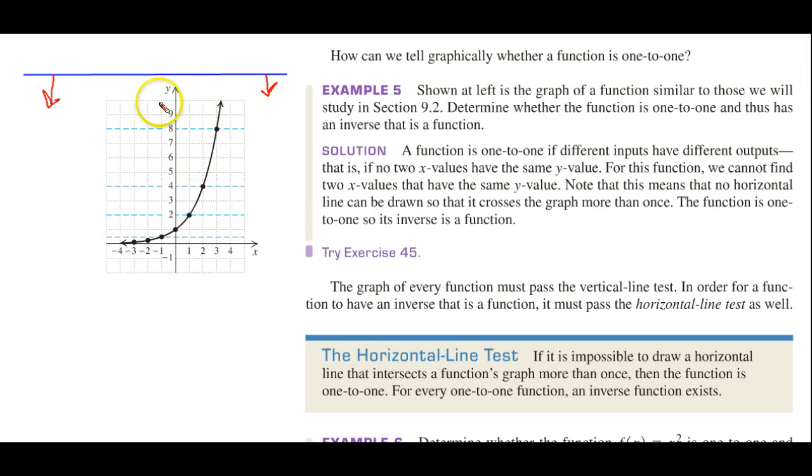And the answer is no. So this graph passes the horizontal line test. If it passes the horizontal line test, then its inverse is a function. The graph of every function must pass the vertical line test. In order for a function to have an inverse that is a function, it must pass the horizontal line test as well. So let's take a look at the horizontal line test.